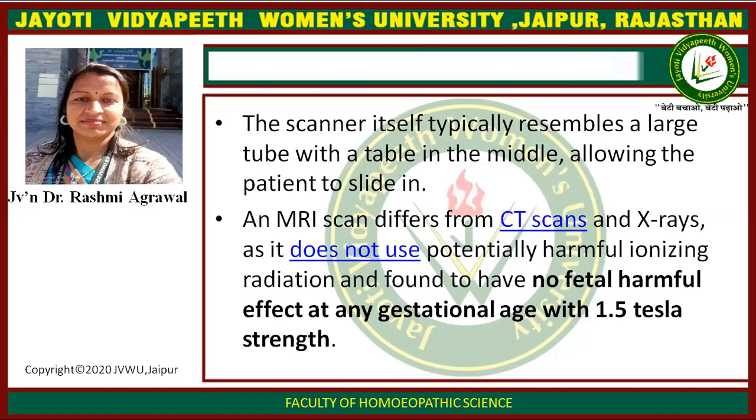The scanner itself typically resembles a large tube with a table in the middle, allowing the patient to slide in. You see how the patient lies down and how this machine acts. An MRI scan differs from CT scan and X-rays as it does not use potentially harmful ionizing radiation, and it is found to have no harmful fetal effect at any gestational age with 1.5 Tesla strength.